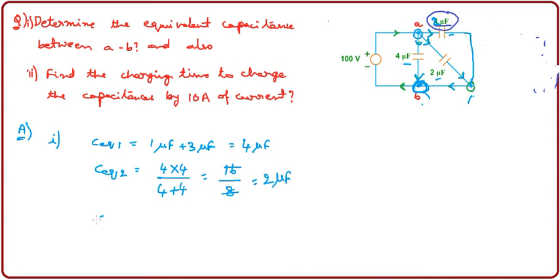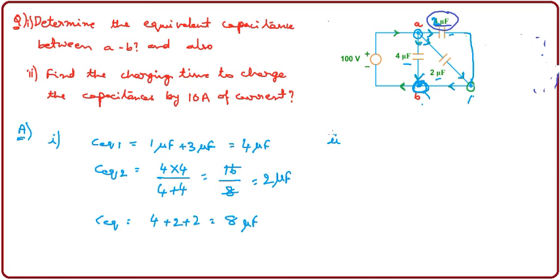So the final equivalent capacitance C equivalent is 4 plus 2 plus 2, which is equal to 8 microfarad. This is the answer for the first problem.